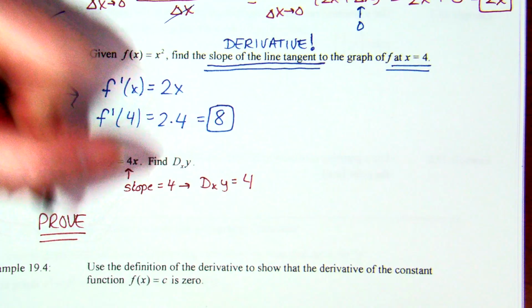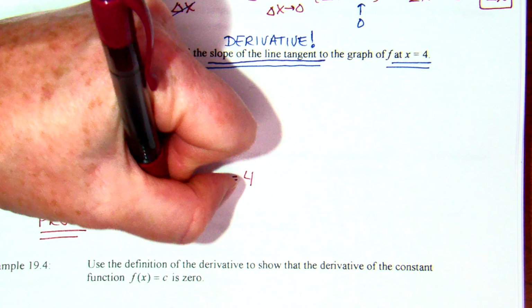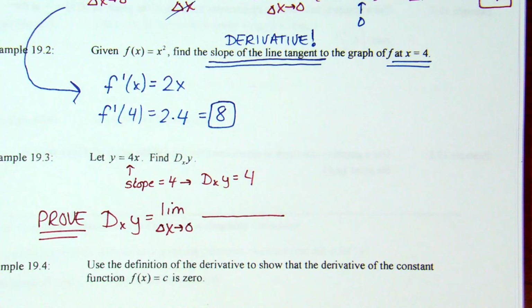So, derivative of y with respect to x. The limit as delta x approaches 0 of f of x plus delta x. So take your function and every place you see an x, replace it with x plus delta x.